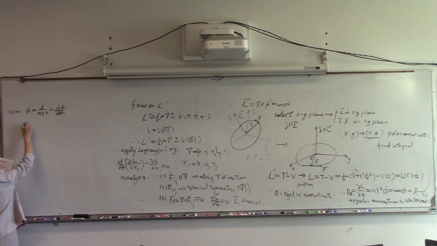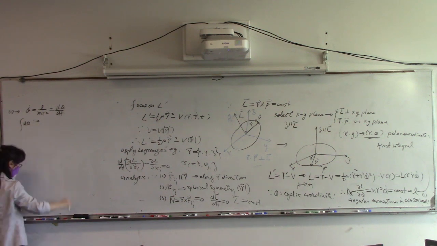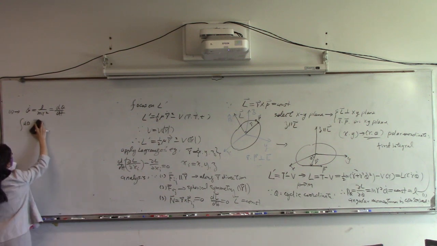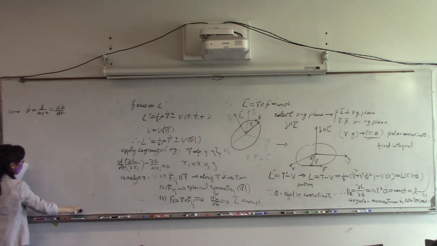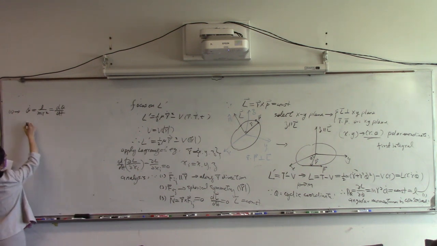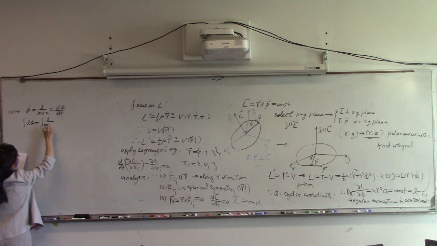So if you do the integral, okay, let me do this one. The d theta dt is L over m r squared.